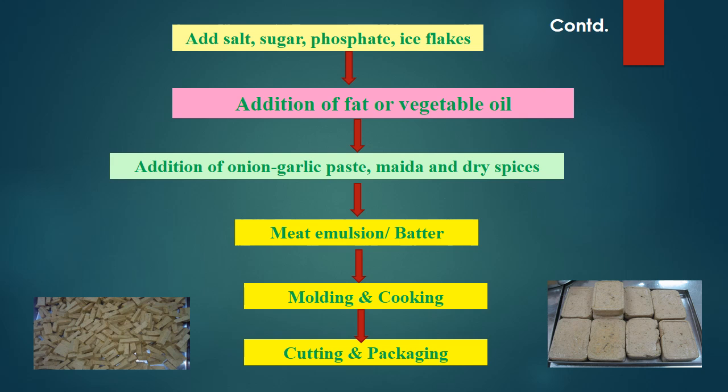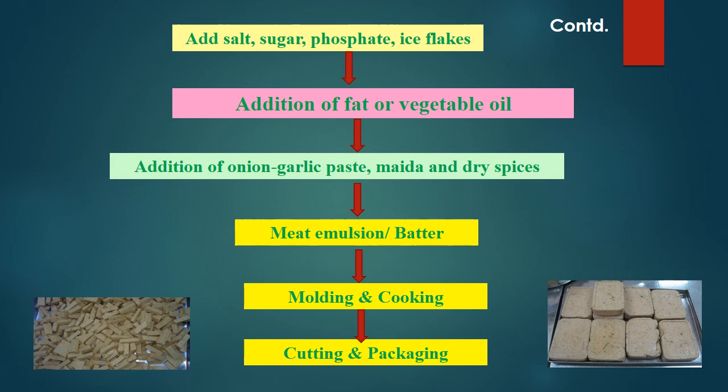In continuation about preparation of nuggets, as we have seen, the frozen meat should be separated and minced, that is the first grinding. After that we take the minced meat into the bowl chopper. Over that we add salt, sugar, phosphate and chilled water.